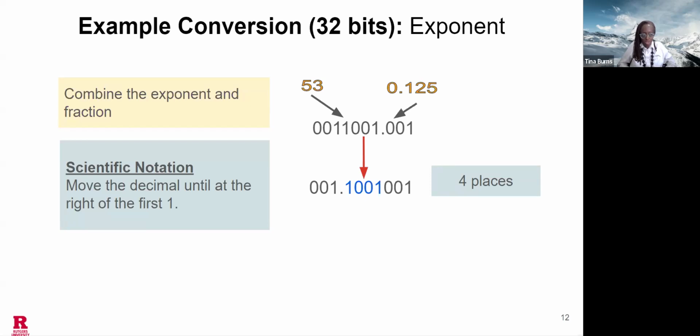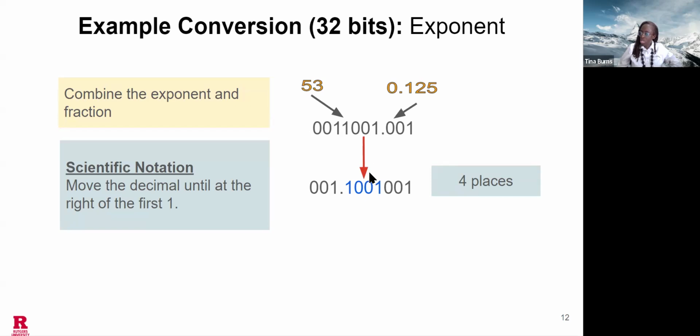Typically, it's 10, right? If I have 462, I can also represent that by 4.62 times 10 to the 2. It's the same principle here. What we're going to do is take this and move the decimal point over until we get to wherever we find the first 1 in our digits, right?